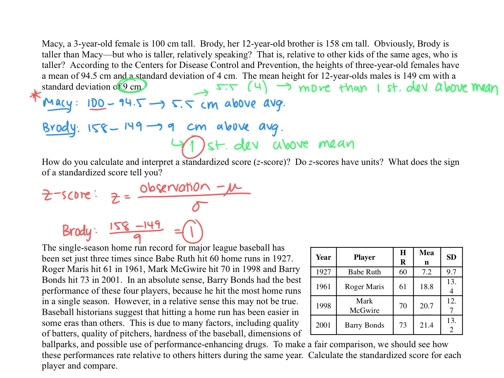So what that z-score tells us is the number of standard deviations away from the mean our observation is. Like we saw above, Brody is 1 standard deviation taller than the mean. Macy, we didn't actually calculate hers, but her z-score would be a little bit bigger than 1.